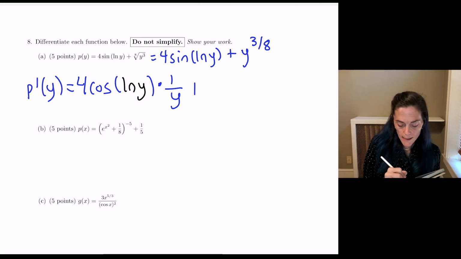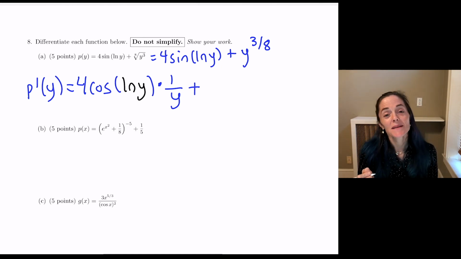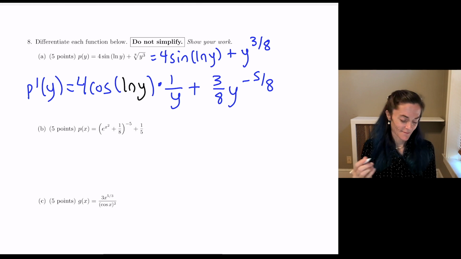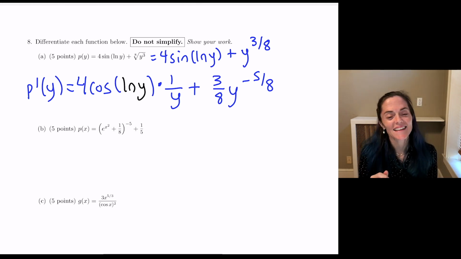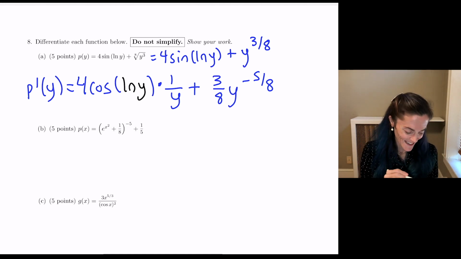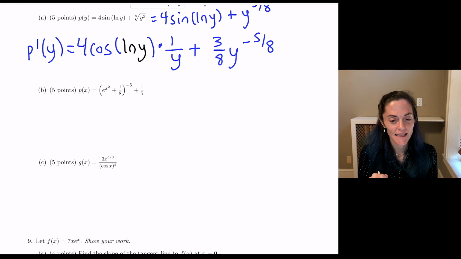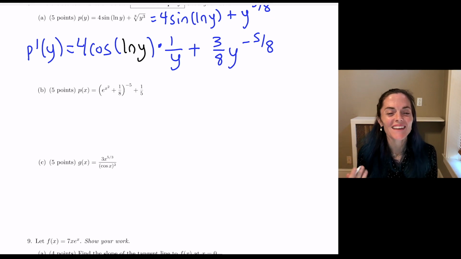Then we put a plus. Now the second term is just power rule. We have 3/8 y to the minus 5/8. Okay, there's my derivative. Oh, we have two that are p. Well, this is p of y, and here's p of x. Okay, fine. That's how it turned out on this problem.